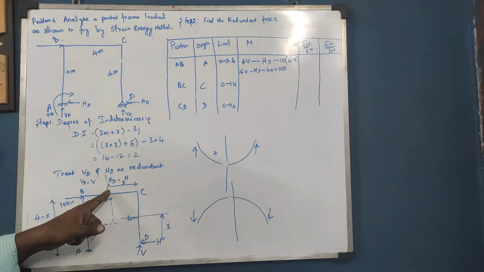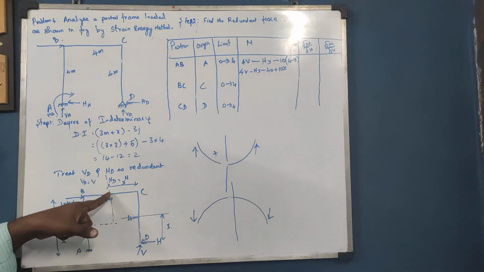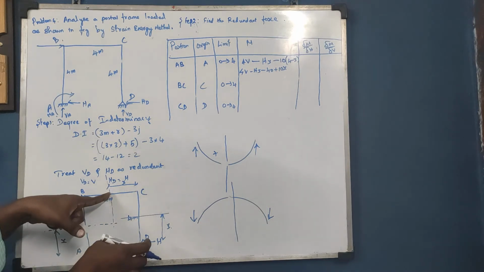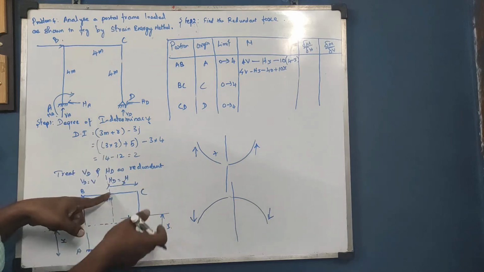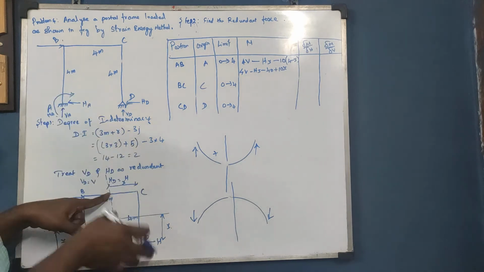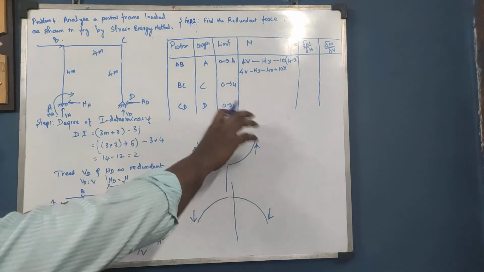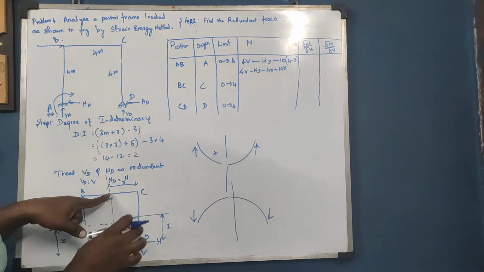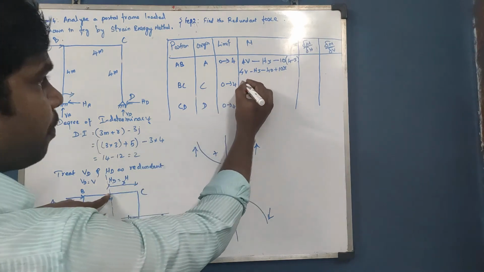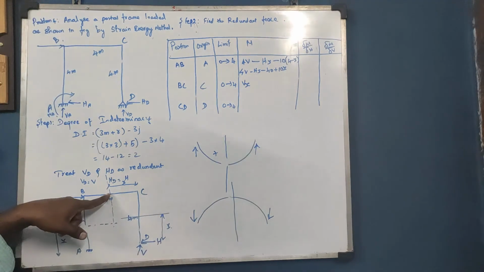Next, go for this section. V, right side anti-clockwise, into this distance X, so VX, sagging.